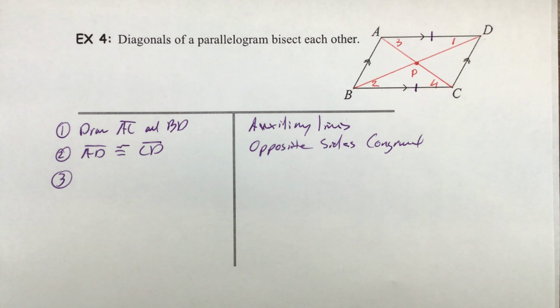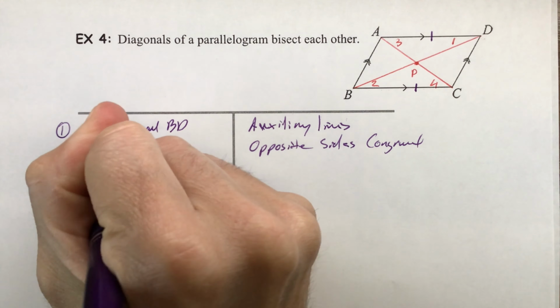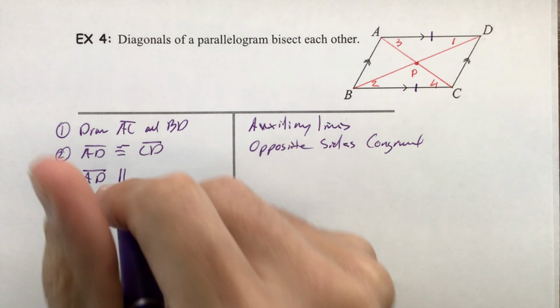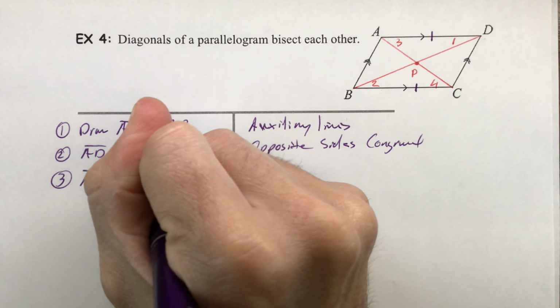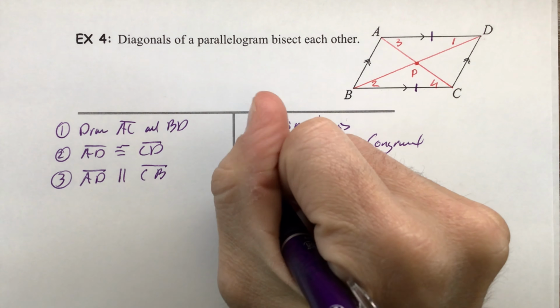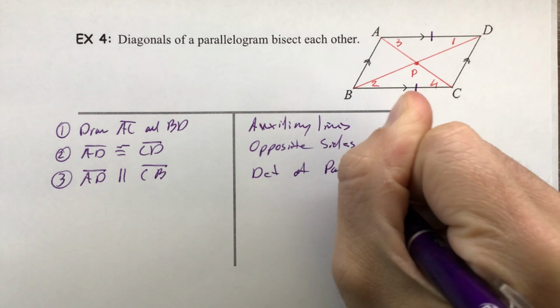But I need to acknowledge one other thing before I can do that, because AIA only applies if the lines are parallel. So let me make one more statement here, that AD is parallel to CB. Sometimes we leave things out and then we realize we have to add in a little bit more. These are parallel to each other because of the definition of parallelograms.